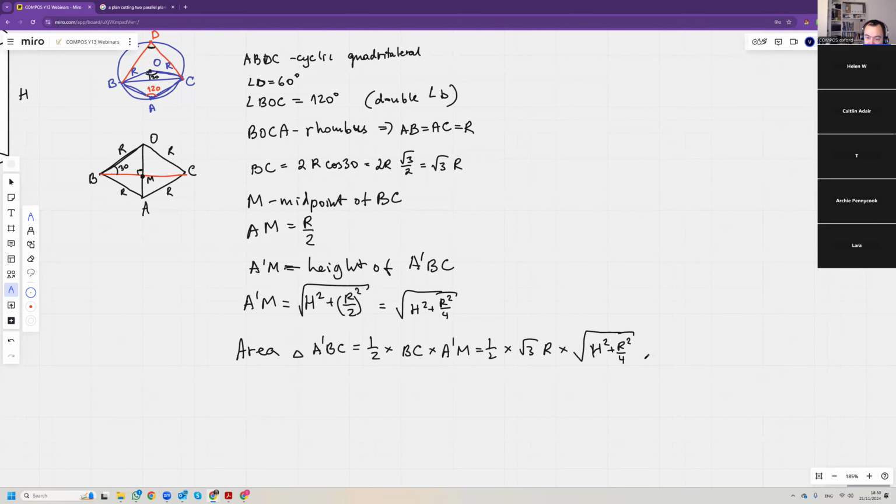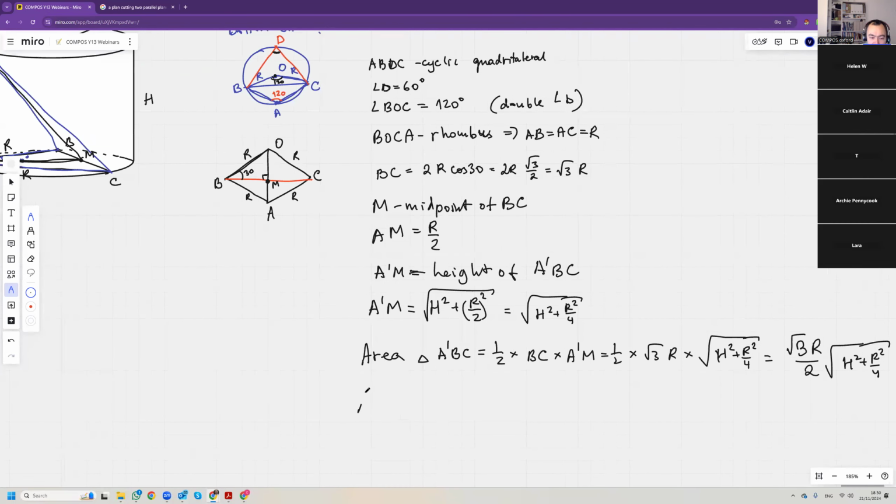Can we simplify this? Well, ish. Not dramatically. Square root of 3R over 2, square root of H squared plus R squared over 4. That's fine.